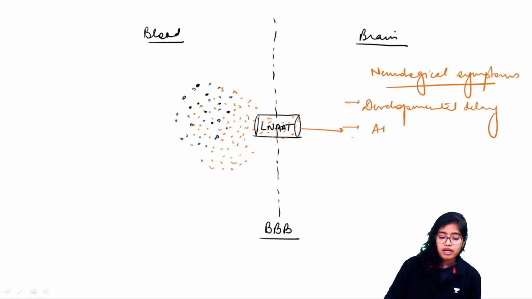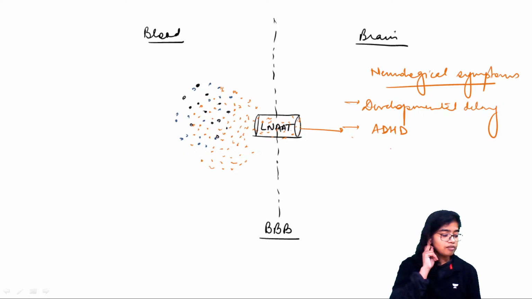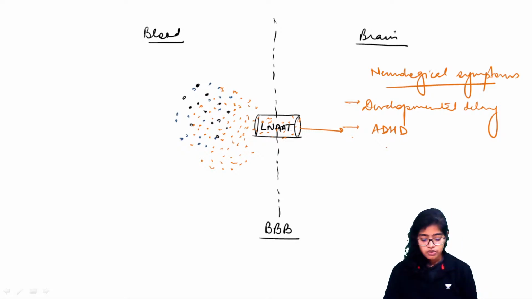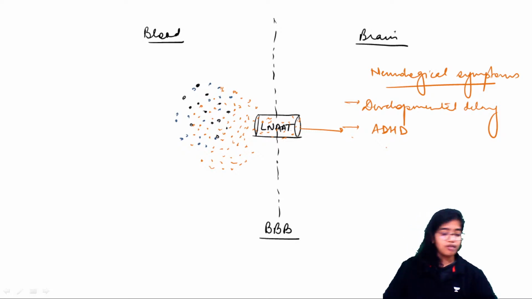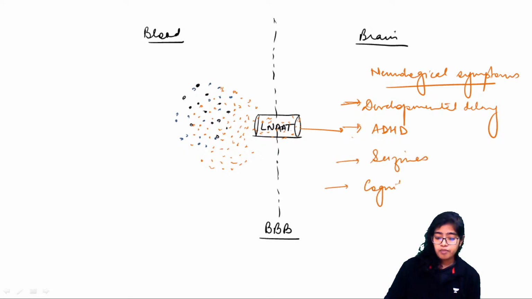There can be ADHD, that is attention deficit hyperactivity disorder, where the child will repeat actions, just to gather attention. There can be seizures also. There will be cognitive impairment also.